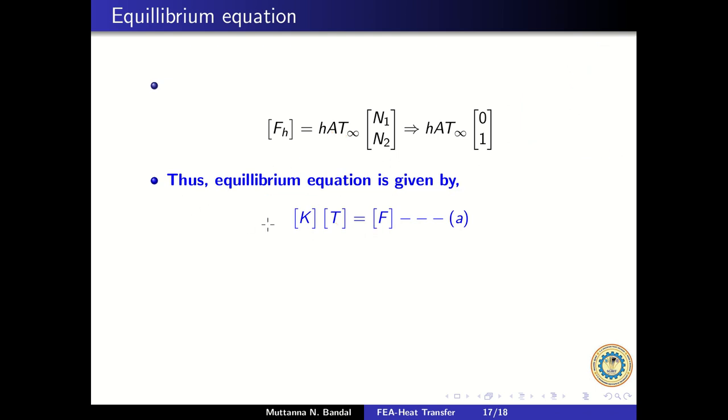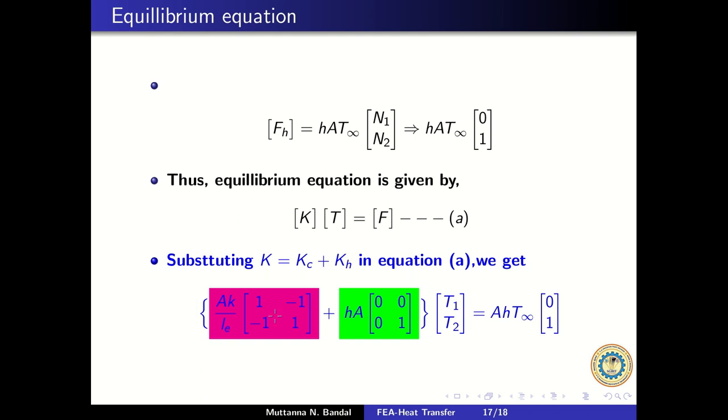So from the equilibrium equation I can write K equals Kc plus Kh. Kc is the conductivity matrix, we have derived this, and Kh is the heat that is taken away or added by the fluid medium.